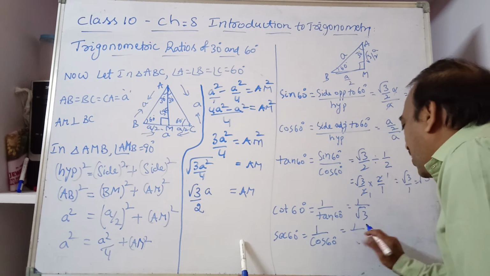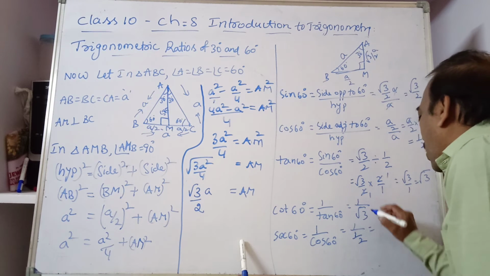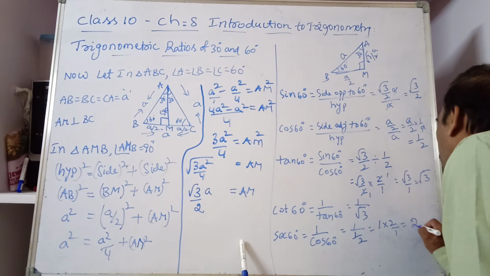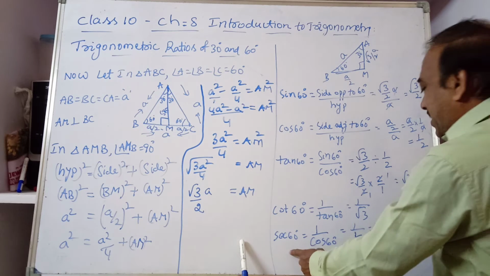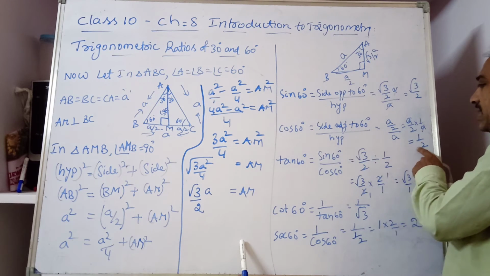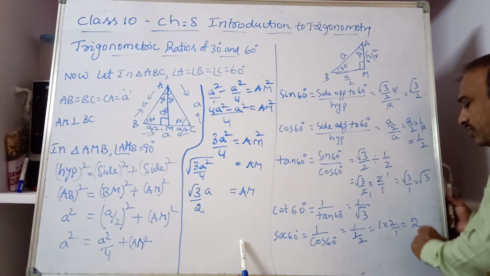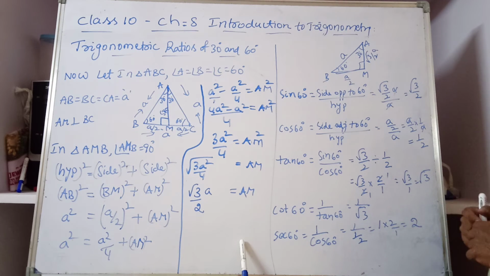So 1 by 1 by 2; when it comes to the reciprocal, 1 into 2 by 1, which is equal to 2. So secant 60 is equal to 2. Why? Because the cos 60 value we got is 1 by 2, and the reciprocal of 1 by 2 is nothing but 2. So secant and cos are reciprocals.